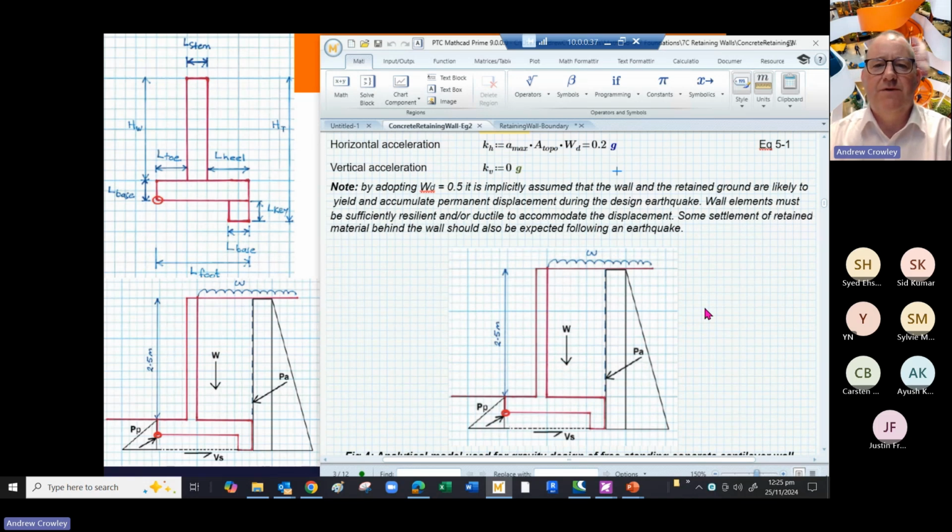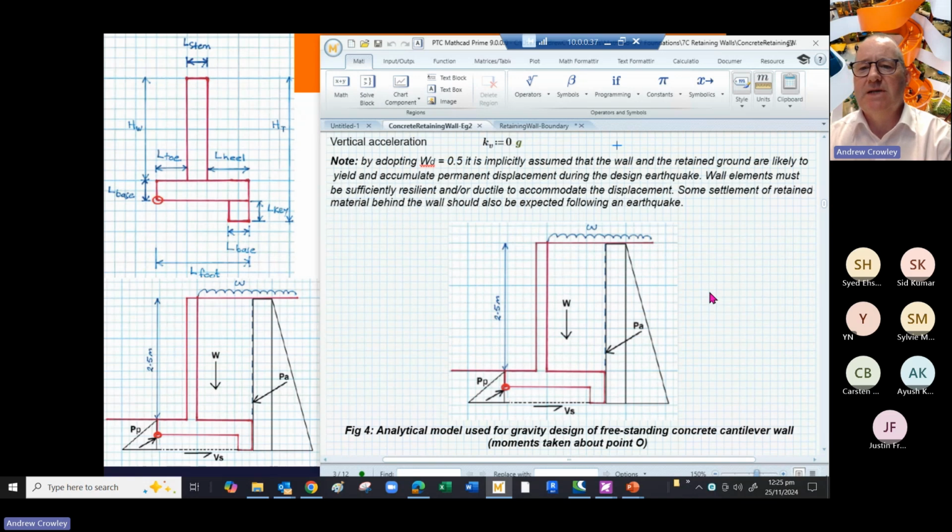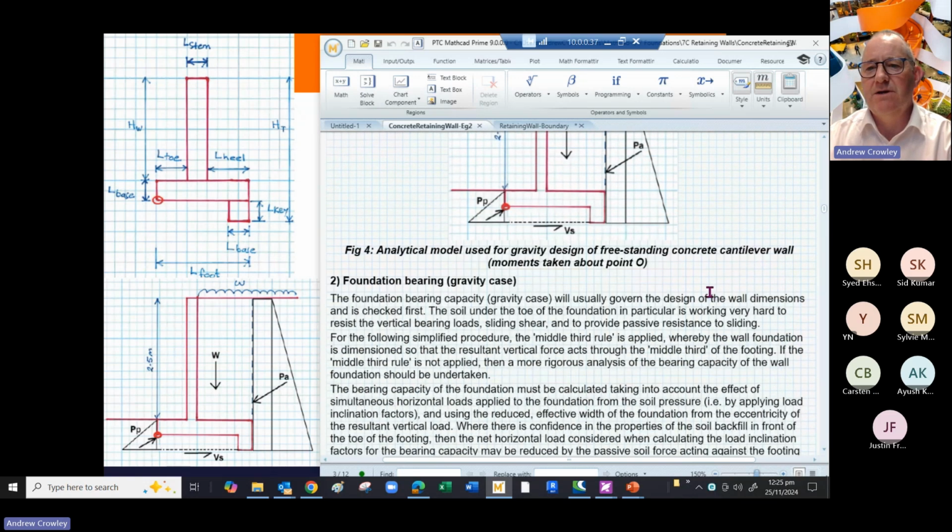Because we've adopted a WD of 0.5, we're assuming that the wall and the retained ground are likely to yield. Because of that, you're going to get permanent displacement behind the wall during the design earthquake event. The wall must be sufficiently robust or ductile to accommodate that movement, and some settlement is expected following the earthquake.